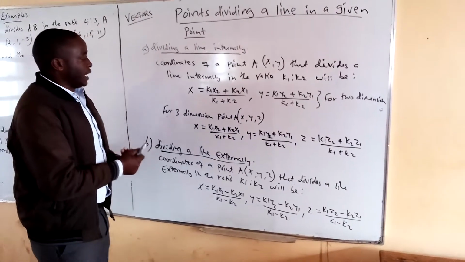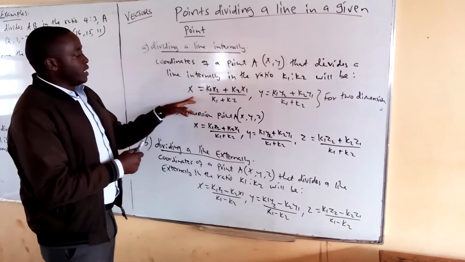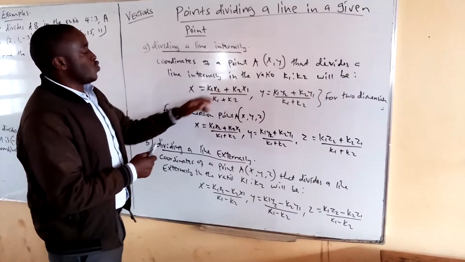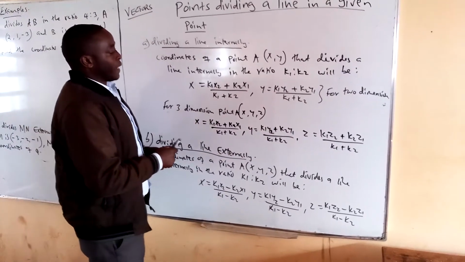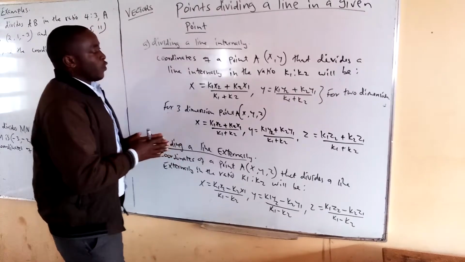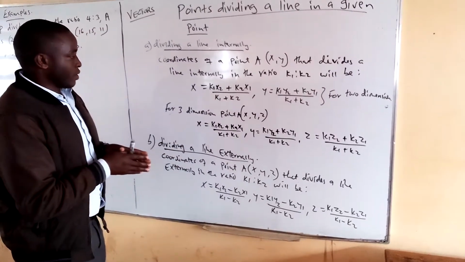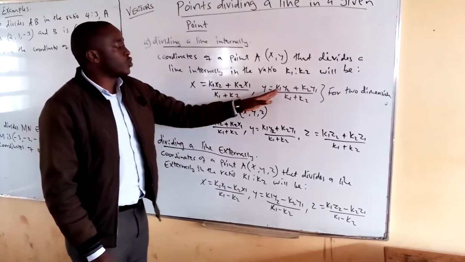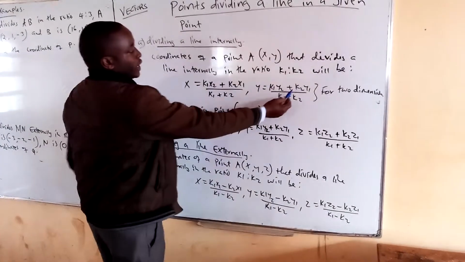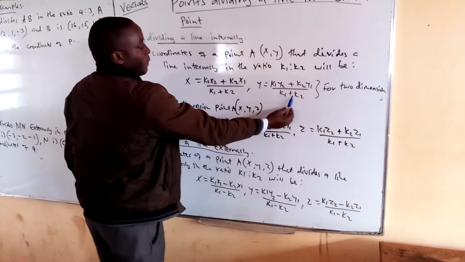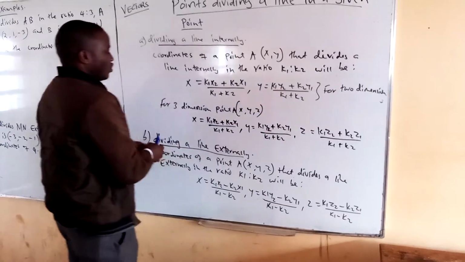now this point A, if we ask you to find point A, the point A will be x = (k1 x2 + k2 x1) / (k1 + k2), that is for two-dimensional. And y = (k1 y2 + k2 y1) / (k1 + k2), that is for two dimensionals, like I've said.